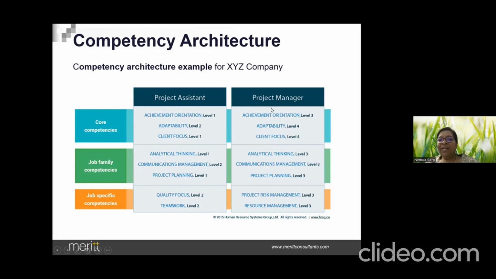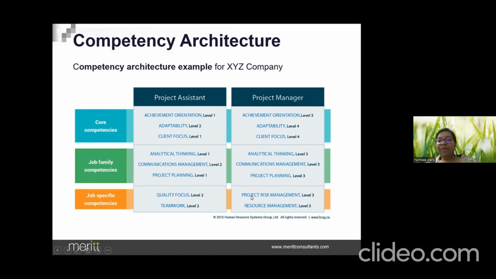So if you typically see, when you actually go and do a competency mapping for all your positions, you will be doing it like this. Say project assistant at level 1, level 2, level 1; project manager will need level 3, level 4, level 4. Then for job family, this is this, and for a project manager, you can see the difference.